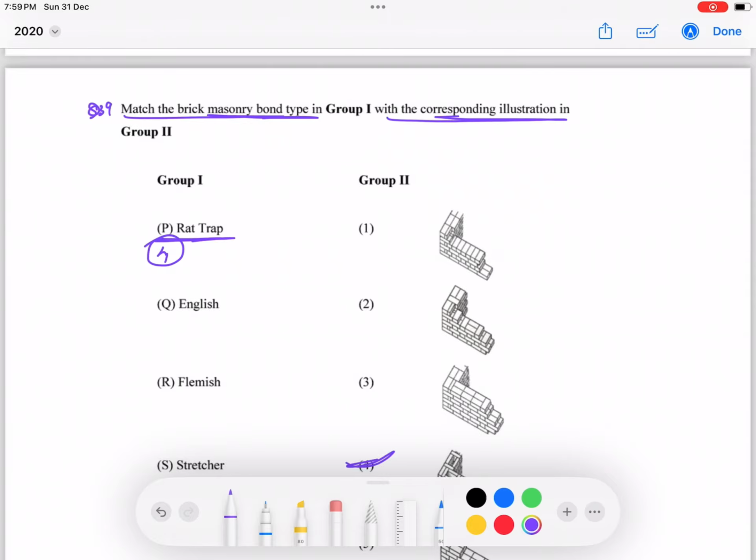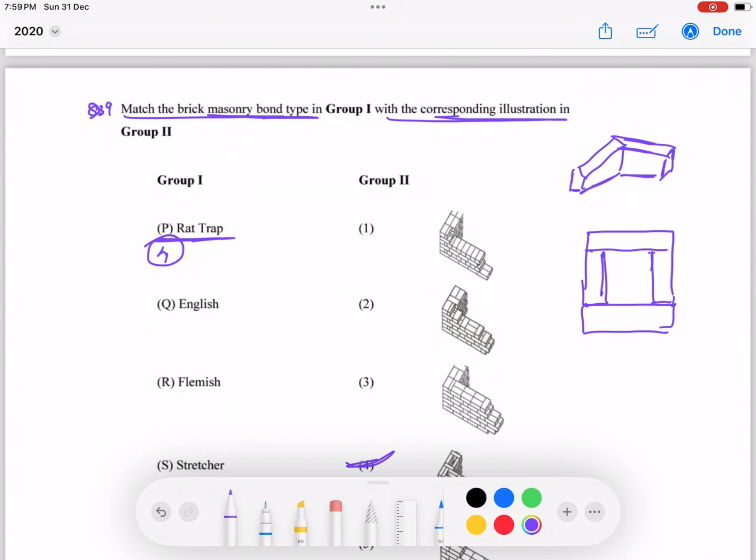It's like two of the bricks are placed like this, and then the third one on edge. They lay on the edge. Third one like this. So in plan you can see it like this. Okay, so this is the rat trap bond.